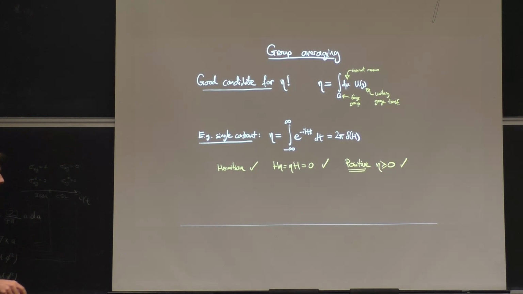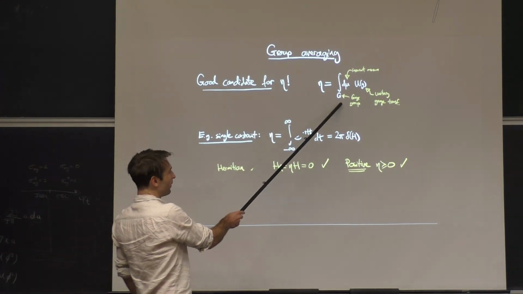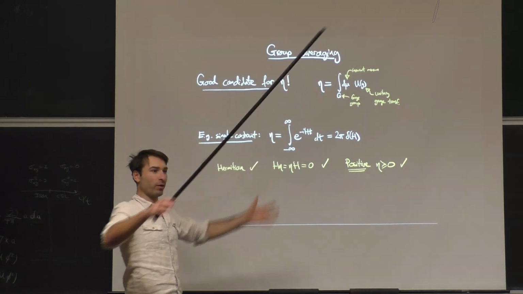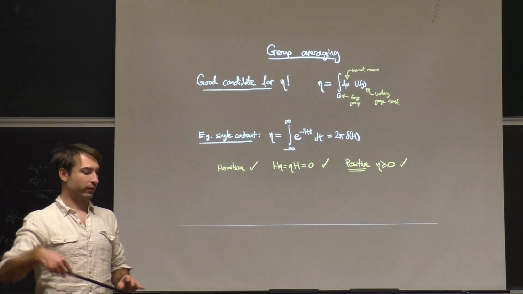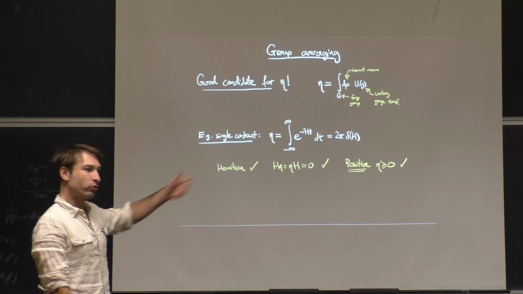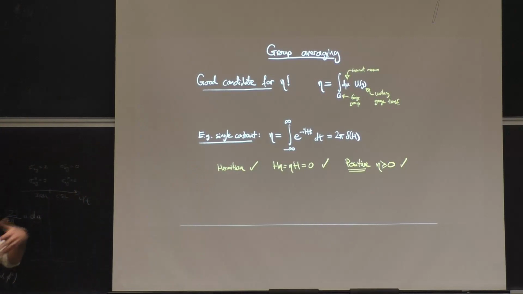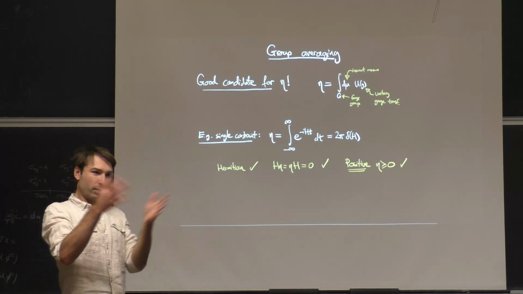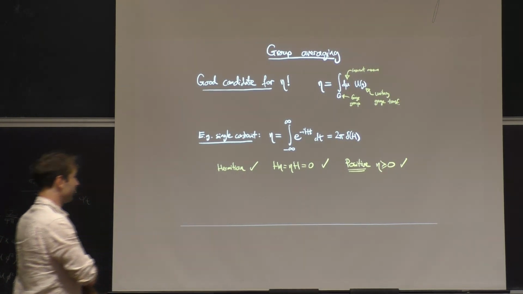But one of the important results is that there's a good candidate for eta: for a general gauge group, we can construct eta by integrating or averaging over all possible gauge transformations. So if this is a compact gauge group, this would give you the projector onto the invariant states. But if it's a non-compact gauge group, it's something a little bit nastier, but it makes sense.